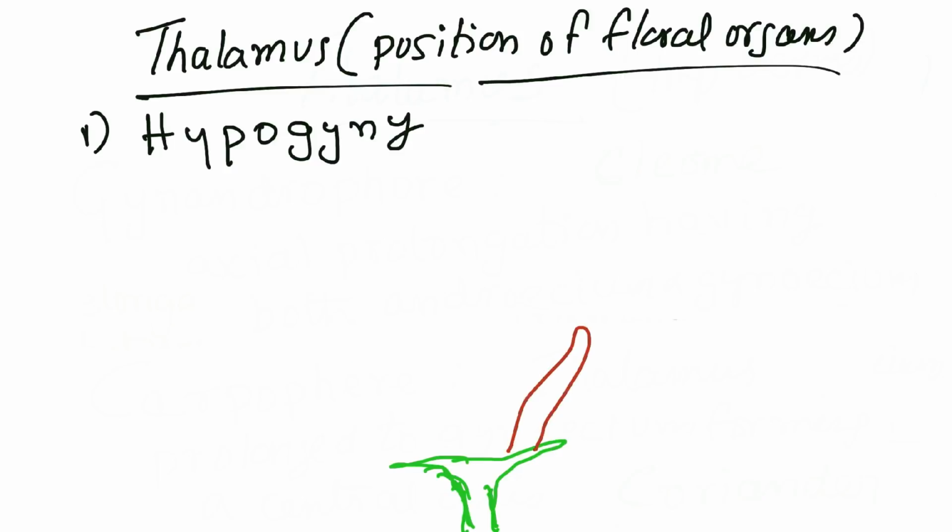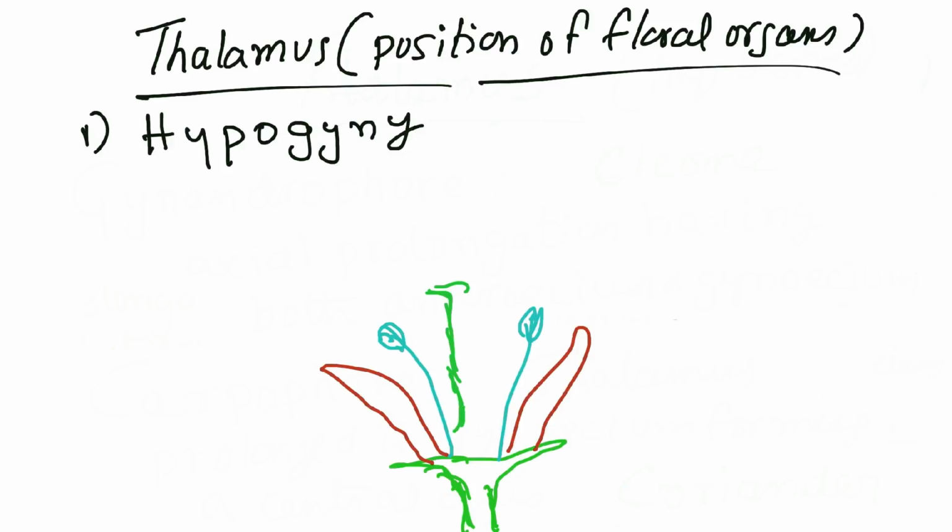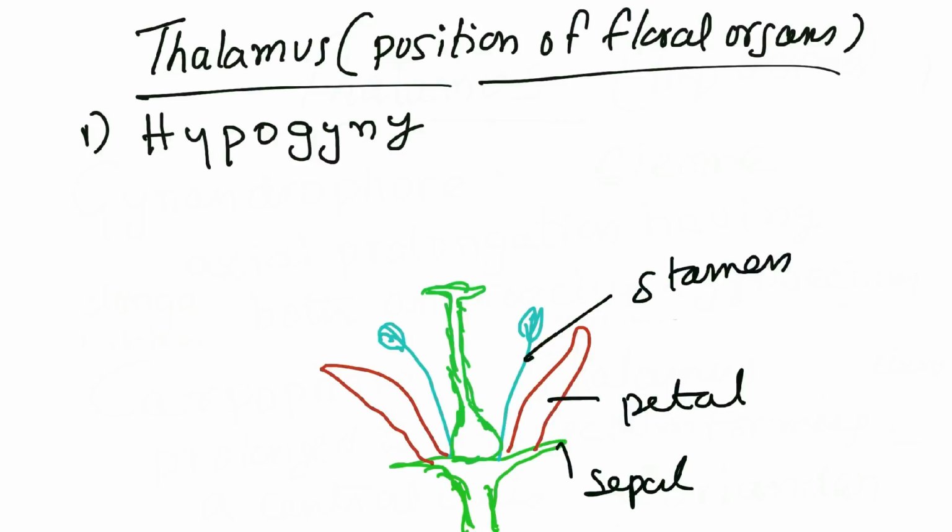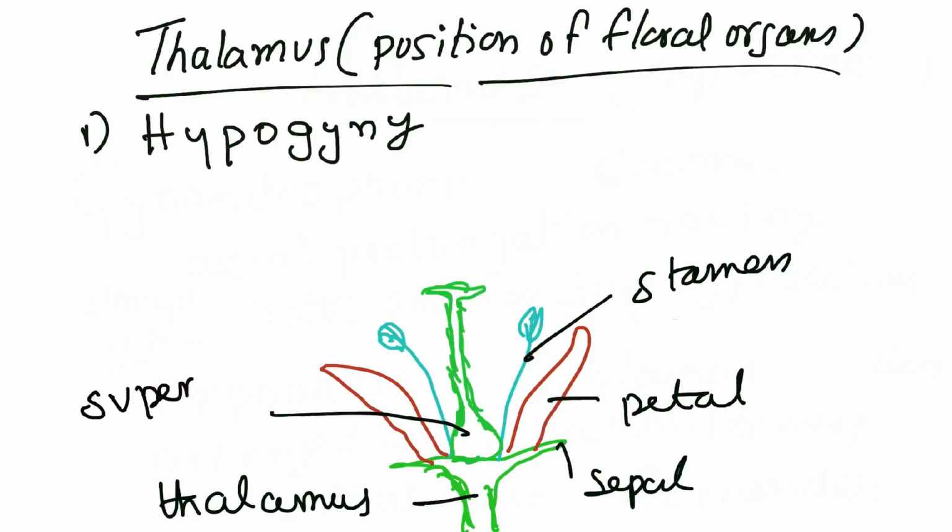We are beginning with the first division, which is called Hypogyny. As the diagram indicates, the most important point here is that the ovary is superior. You can see that on the thalamus, which is quite flattened looking, you have the ovary, and you can clearly see that the sepals, the petals, stamens, all of those parts are coming from below the level of the ovary.